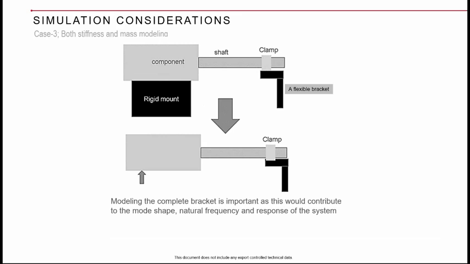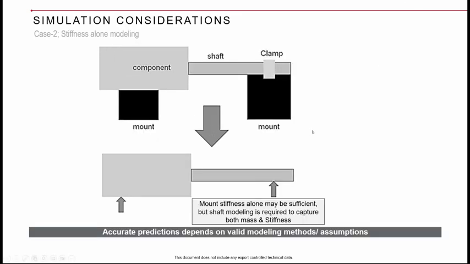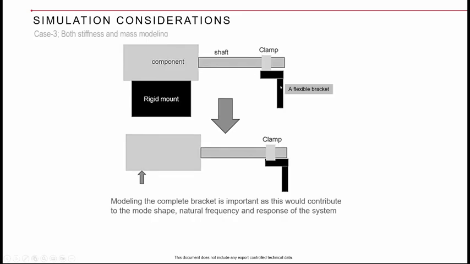The last one is about, you see earlier there was a big rigid mount here. Now I brought in a flexible bracket. Now the overall response depends on the bracket flexibility. You can't directly fix the clamp or just consider the stiffness alone, because the mass of the bracket also plays a role, I mean how that is distributed, the stiffness distribution.